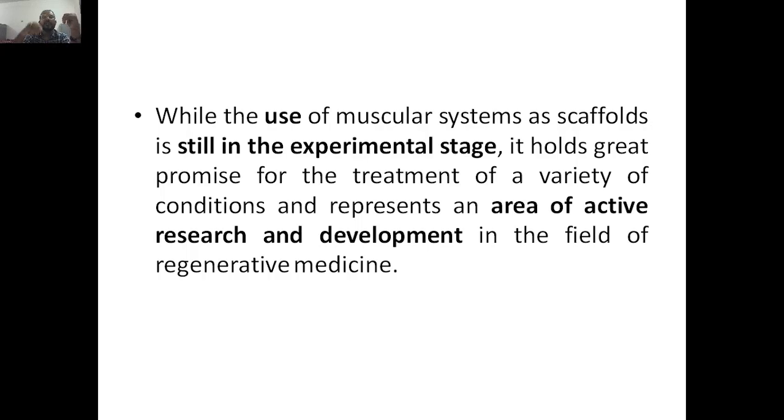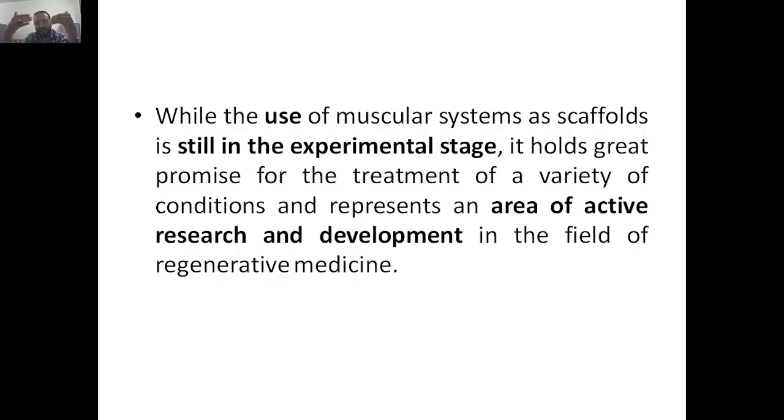Okay, so while the use of muscular systems as scaffold is still in the experimental stage, it holds great promise for the treatment of a variety of conditions. Okay, it represents an area of active research and development in the field of regenerative medicine. So here what they are saying is, the use of this muscular system is obviously still in the developmental stage, or you can say it is in the experimental stage, which has been tried successfully on animals.